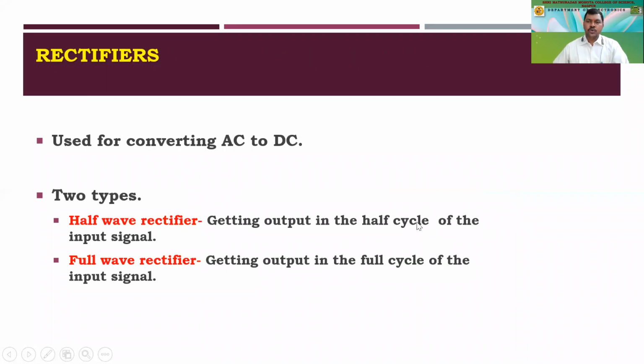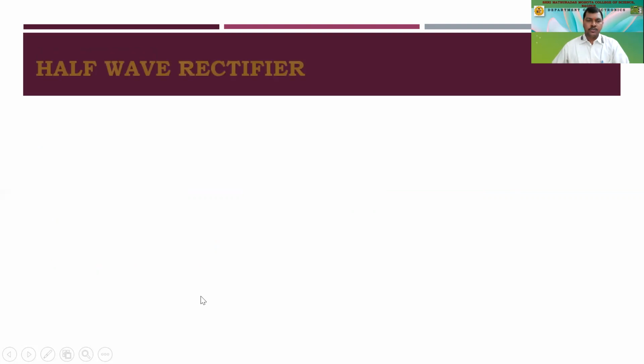Rectifiers are used to convert AC into DC. We have two types of rectifiers: half wave rectifier and full wave rectifier. Half wave rectifier gets output in the half cycle of the input signal, whereas full wave rectifier gets output in the full cycle of the input signal. Remember this, we are going to study in a different perspective, so I'm just repeating it for you.